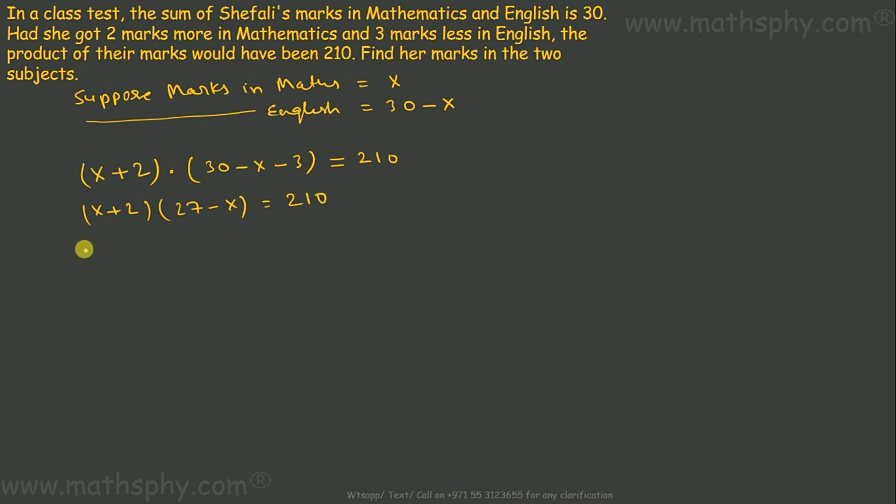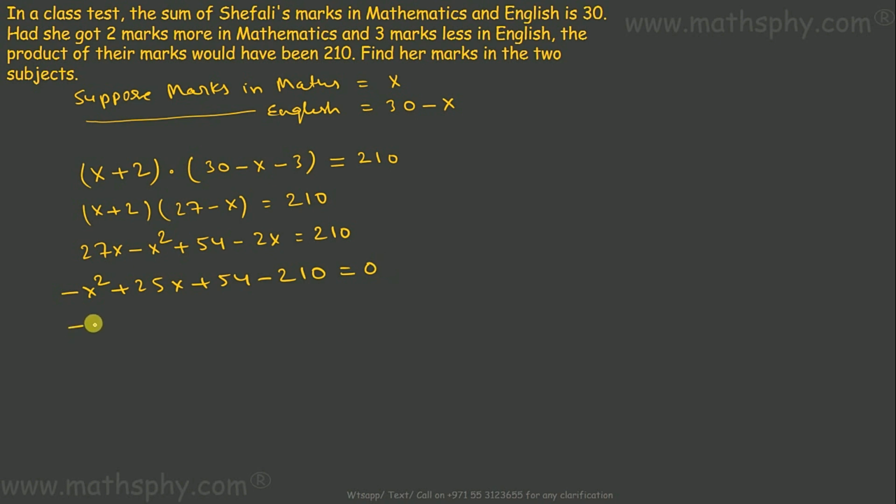Multiplied together, this will be 27x − x² + 54 − 2x = 210. So 27x minus 2x will be 25x.